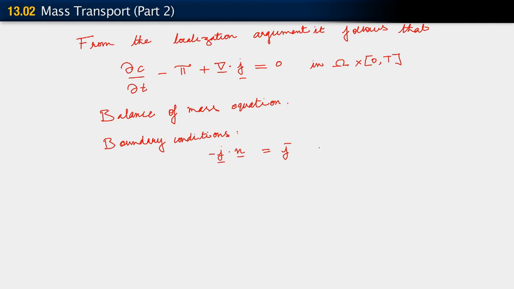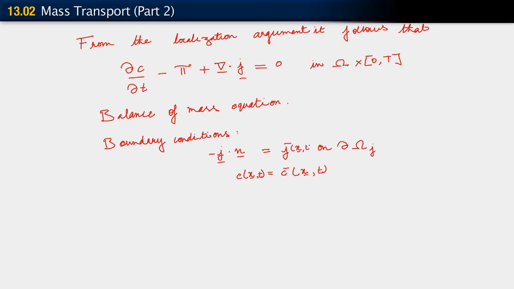This holds on the flux boundary subset, and on its complement we have c of x and t equals c bar, some controlled concentration which is allowed to change with time.